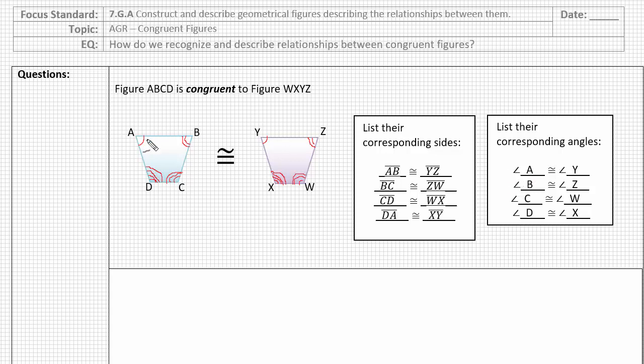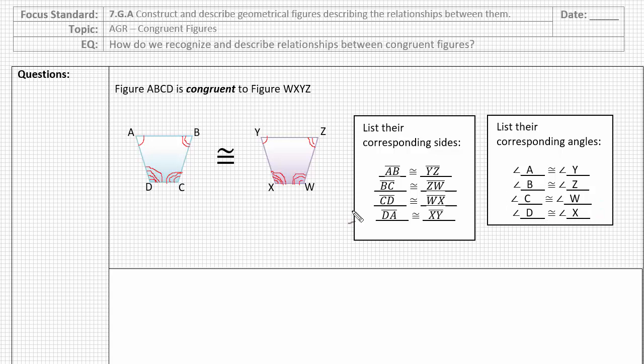Angle A corresponds and is congruent to angle Y. Angle B corresponds and is congruent to angle Z. I'm using the angle arcs to mark that, you might have noticed. Angle C is congruent and corresponding to angle W. And angle D is congruent and corresponding to angle X. That's what we've listed out here.